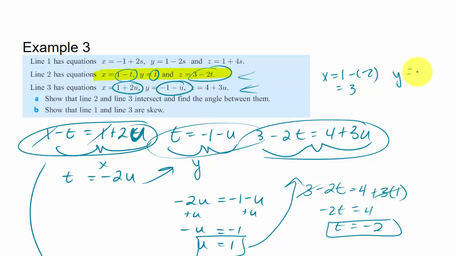Y is equal to -2. And z equals 3 minus 2 times -2, which is 3 plus 4, 7. So the point is 3, -2, 7. That is the common point.